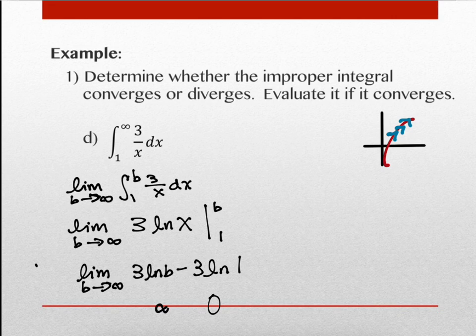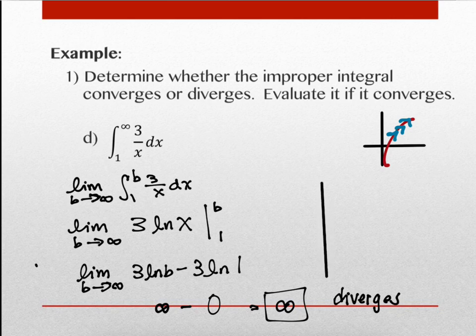So this one's infinite, so infinity minus 0, which is still infinity, which also means it diverges. Now, you might think, okay, well, that wasn't very exciting, but I want to show you what that's actually telling you about this graph. Generally speaking, whether we're looking at 10 over x or 3 over x, they have the same basic shape, right?